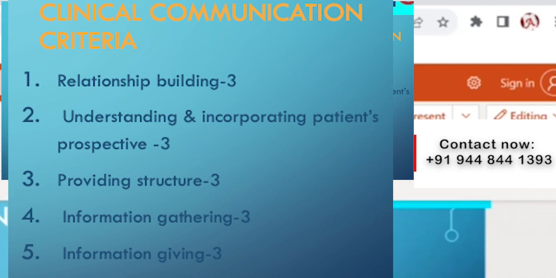Each of these five criteria has 3 marks, so in total it is 15 marks. But the weightage is more for the linguistic criteria, not clinical communication. If you have less time, you can focus on clinical communication criteria. Today's session is based on relationship building.